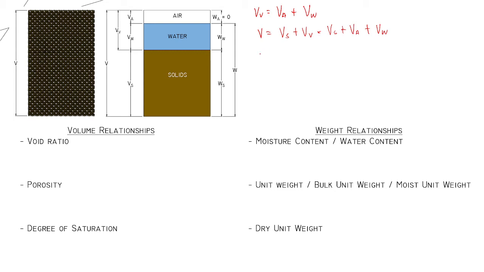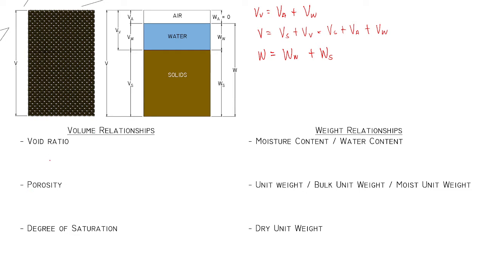And then, for the weight, we can write W is equal to the weight of water plus the weight of the soil solids.